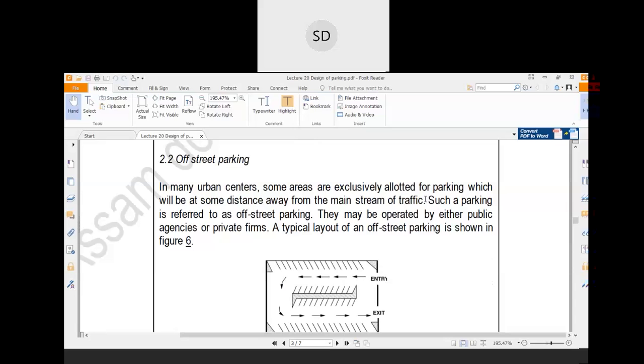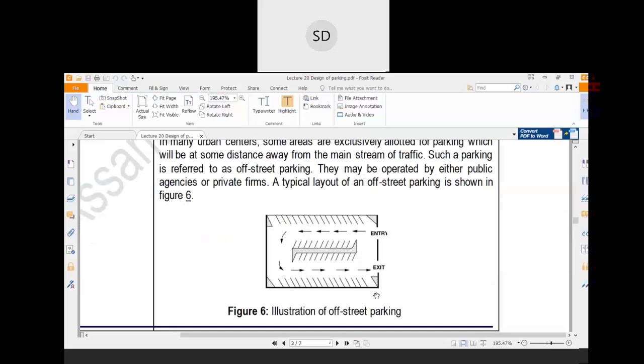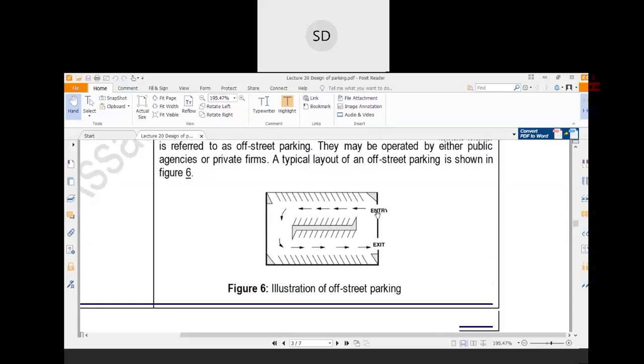This type of parking is called off-street parking, and it may be operated by either public agencies or private firms. So, this is a typical illustration of off-street parking. In off-street parking also there are different orientations like 30-degree, 60-degree, parallel, 90-degree, etc.